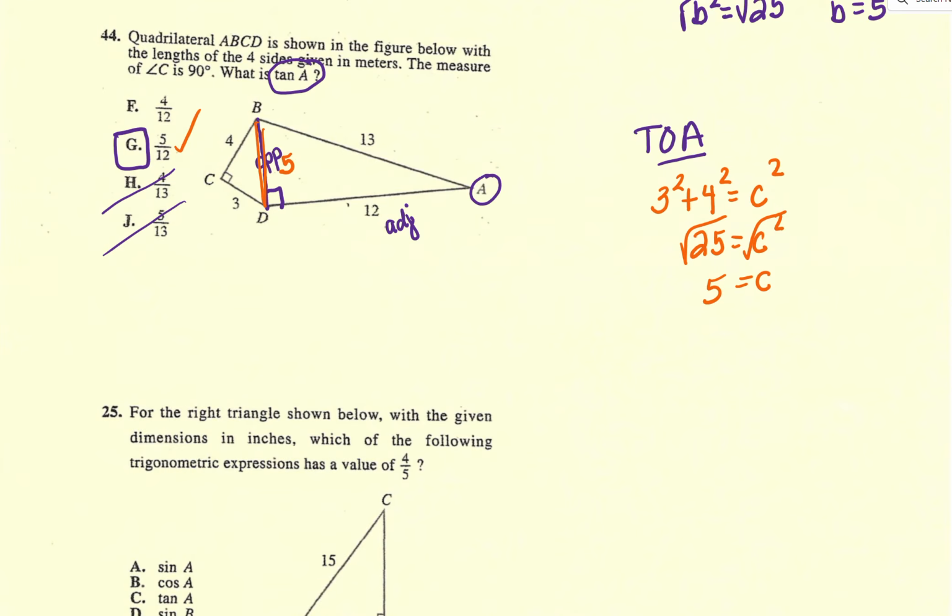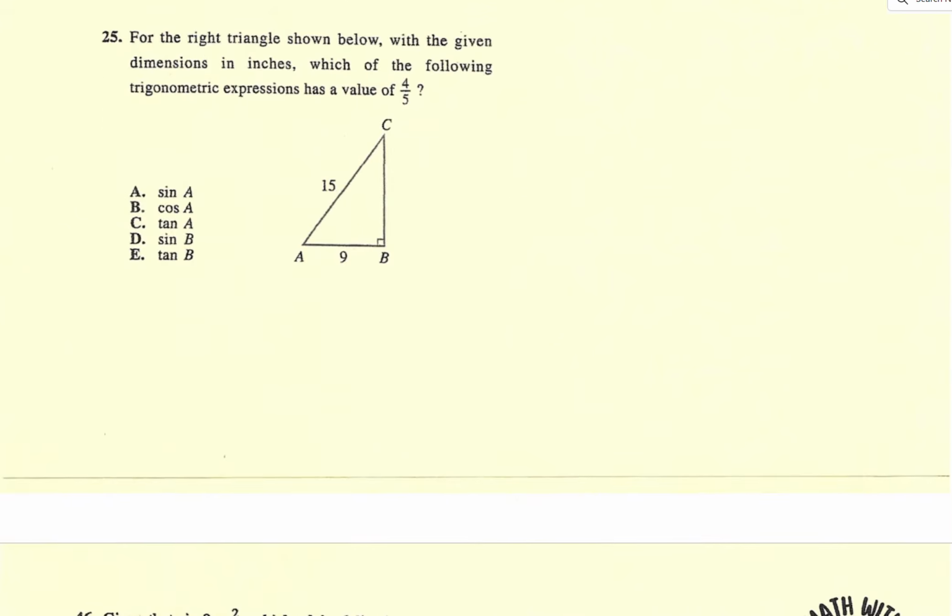All right, let's take a look at number 25. On number 25, this is one where we must use the Pythagorean theorem. We don't have much of a way around it, or perhaps not able to. So let's go ahead and find this missing side. We know that a squared plus b squared is equal to c squared.